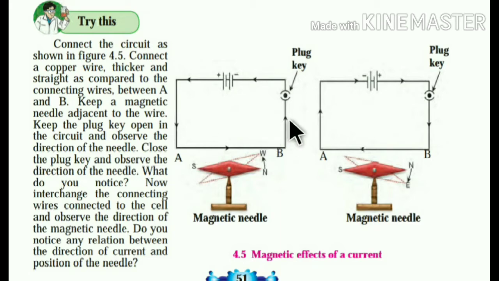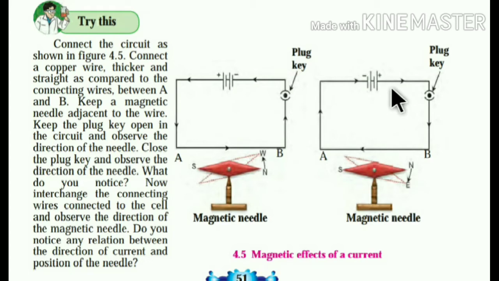Second, you can change the connecting wires to the cell and observe the direction of the magnetic needle. Here is the plus end and here is the minus end. Then you can interchange the cell, so that here is the minus end and here is the plus end.